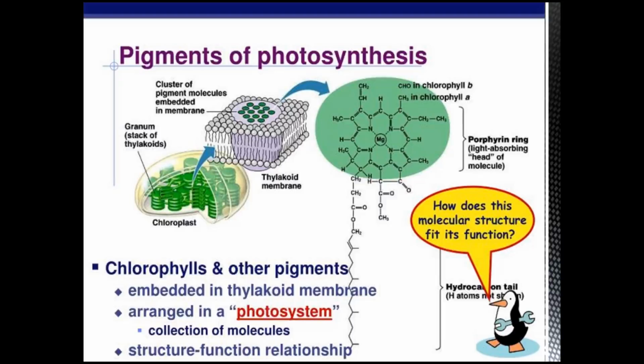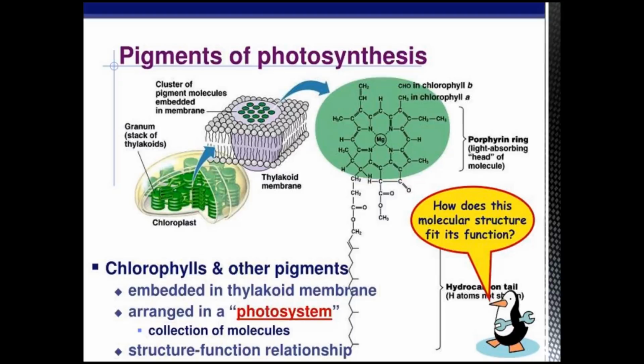These together are called a photosystem. Chlorophylls and other pigments are embedded in the thylakoid membrane, arranged in photosystems, a collection of molecules, showing the structure and function relationship.